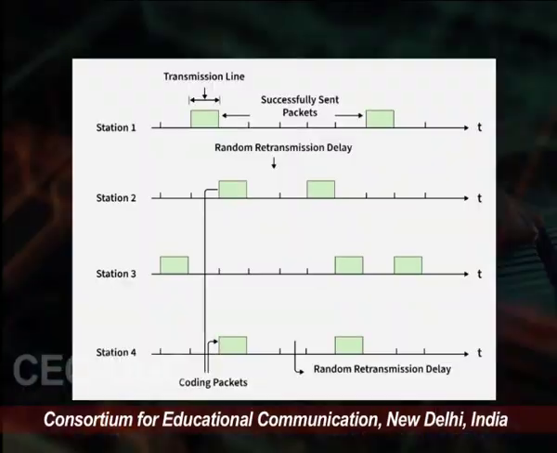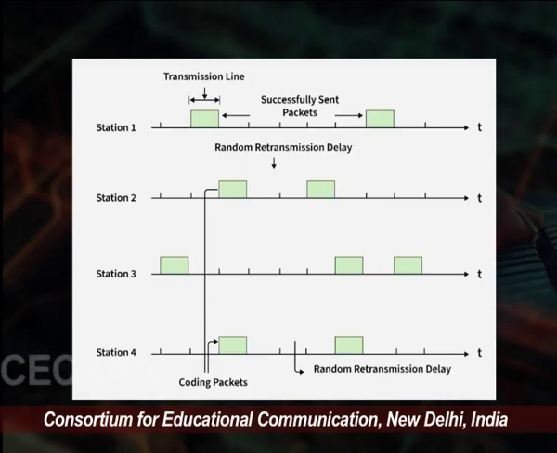So here is a figure which will give you an idea about the different slots and how the transmission happens in slotted ALOHA. Let us try to understand this figure first. As you can see, there are 4 stations in the figure, and all these 4 stations are sending some packets at some point of time, and these packets are shown with the help of a rectangle.